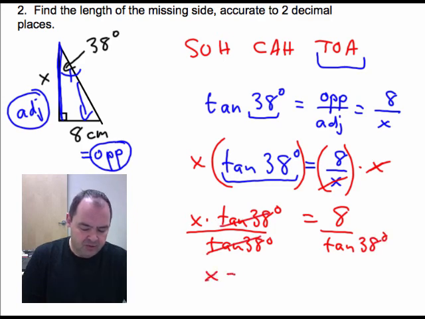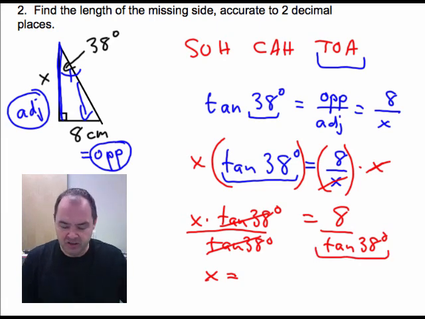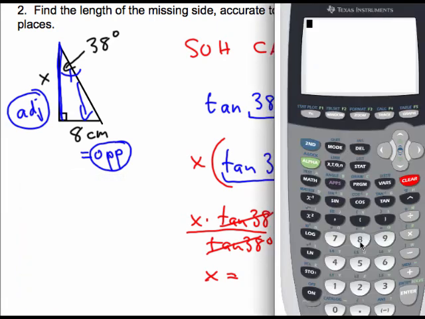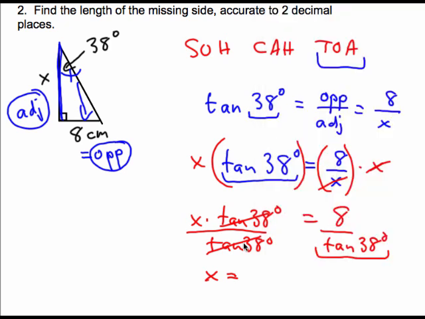And so x would equal whatever 8 divided by tangent 38 is. 8 divided by tangent 38 is approximately 10.24 centimeters.